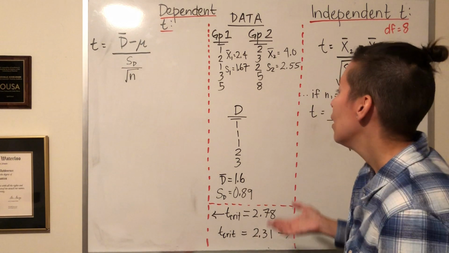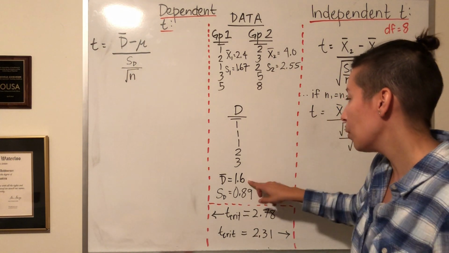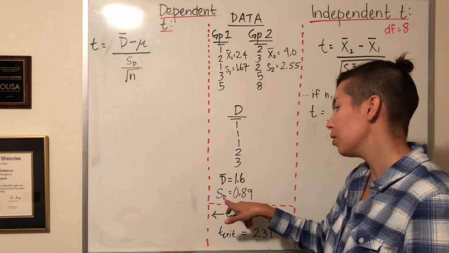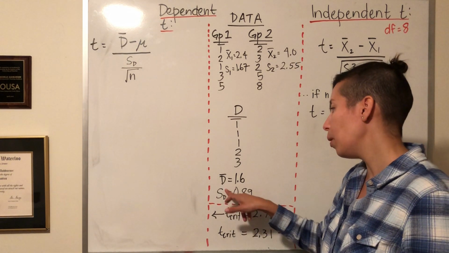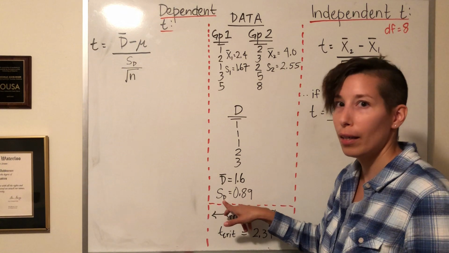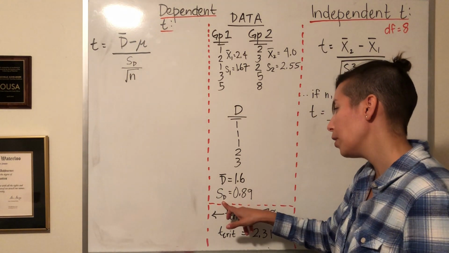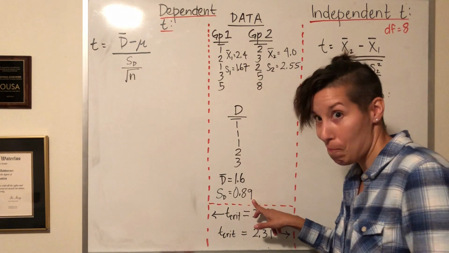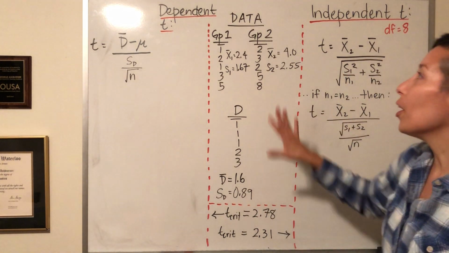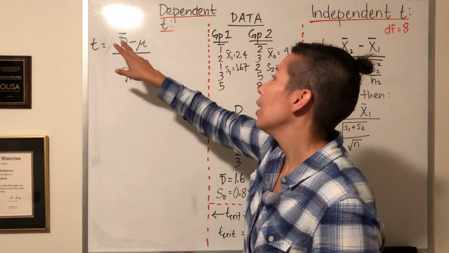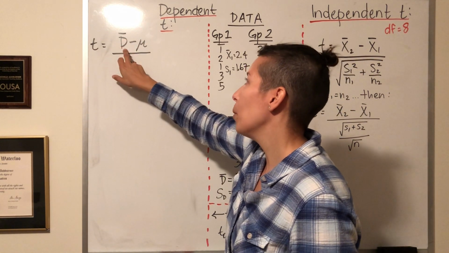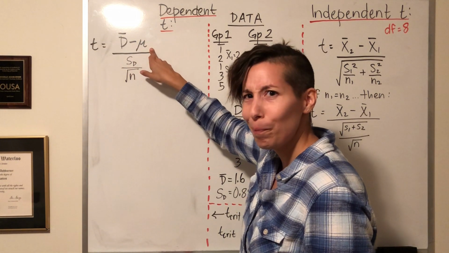And then here the difference scores also get their own mean for the dependent t-test calculation and their own standard deviation, which is denoted by S with a little capital D as a subscript, the standard deviation of the difference scores, and that is 0.89. Okay, for our dependent t-test, the top looks like the difference score mean minus mu.